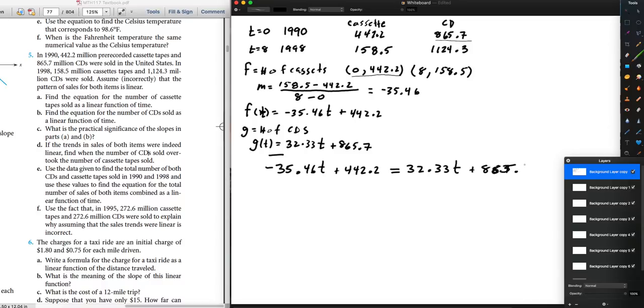It's always worse when I don't have you guys sitting there yelling at me when I do something wrong. Anyway, so that's what we got. You're looking for the place where the two are equal, and that's how you would set it up algebraically.